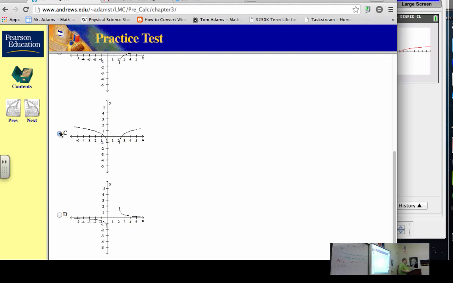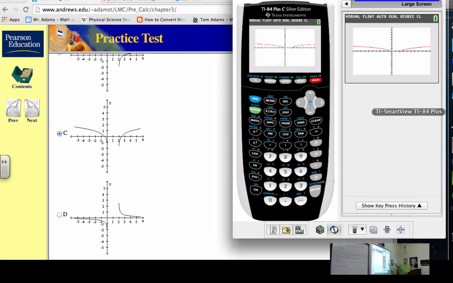When we're taking notes in class and Mr. Adams has his calculator up on the screen like this, and I'm plugging away all this stuff, you need to have your calculator in your hand, plugging it in, making sure that you understand how to do it when we take notes. And then when we do the example problems, the homework, you need to have your calculator in your hand, even if we're doing the homework problems here in class. You need to get practice entering that stuff in the calculator.